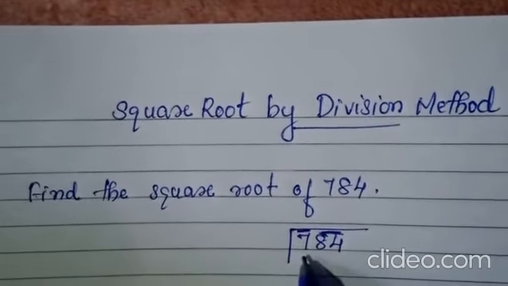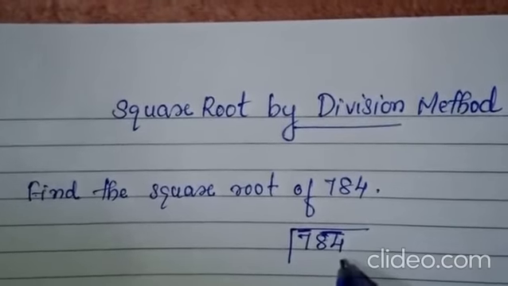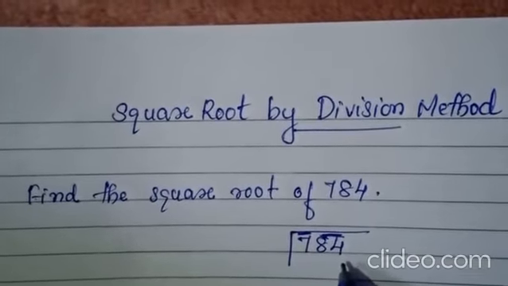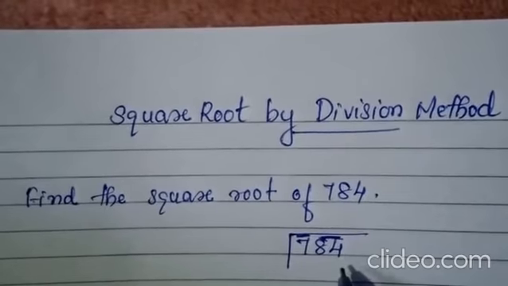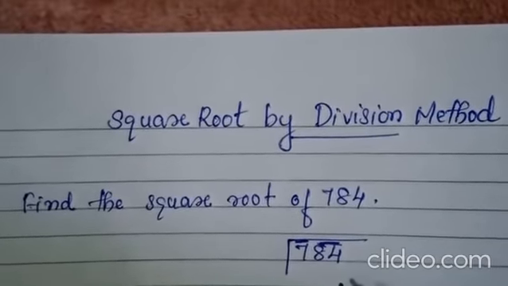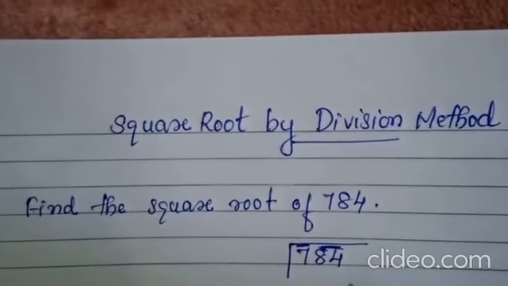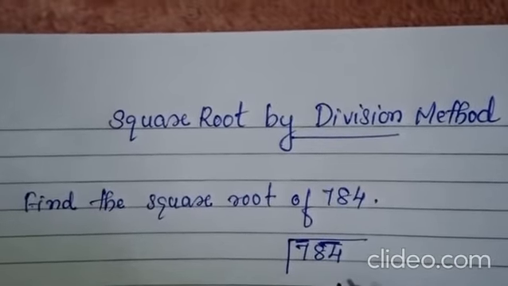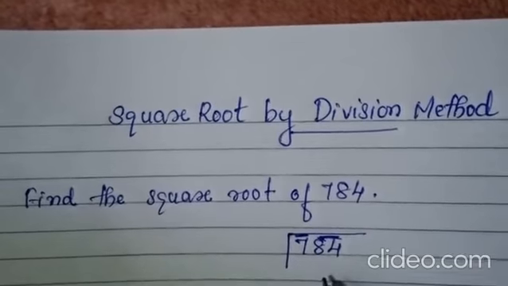This is 2 digits, here only 1 digit. So we should put a bar on each pair. Next, if the number of digits is odd, then put a bar on the leftmost single digit also. Thus we have 784.